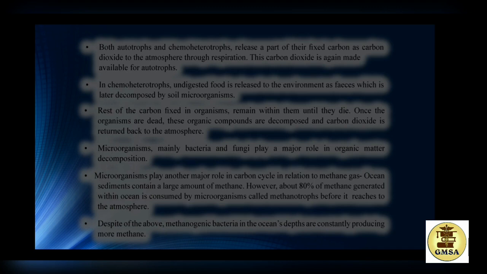So this undigestible part will be released back to the environment through feces, and these feces will be decomposed by soil microorganisms, and the carbon and other elements and nutrients in them will be released back to the environment to be used by the plants and other species which consume them from the soil.